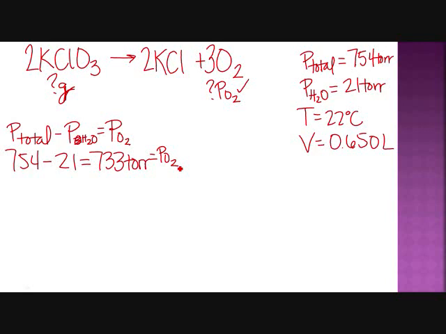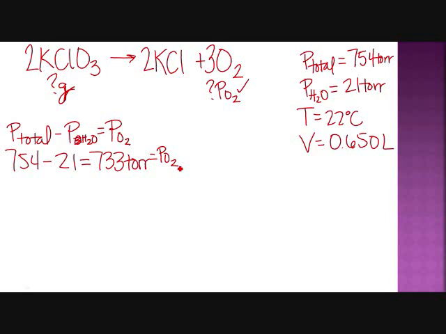Okay. So now that we have our partial pressure of the oxygen, we need to convert it to grams of the potassium chloride. Yesterday, when we did the stoichiometry, we used what thing where it's moles 1 over moles 2? Mole ratio. So we have to convert our partial pressure of oxygen into moles so we can do a mole ratio. That's our next order of business. Okay?